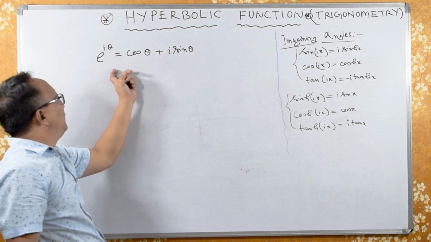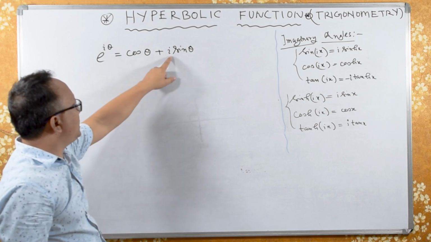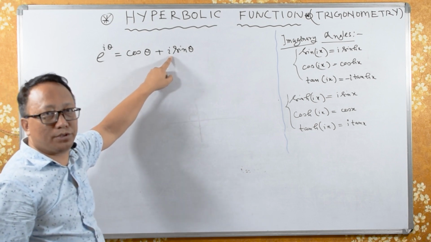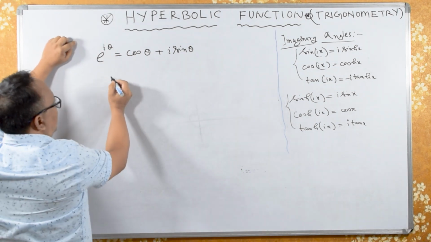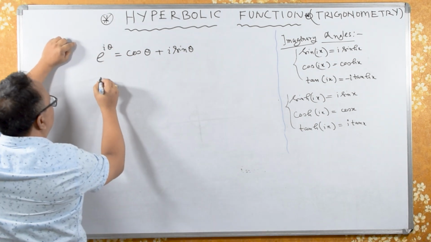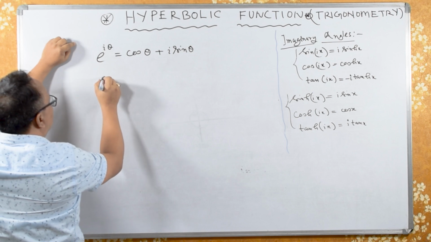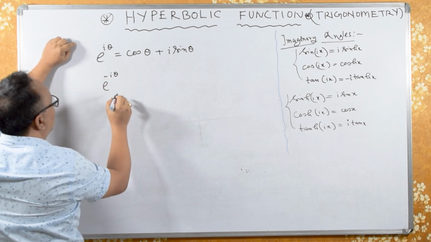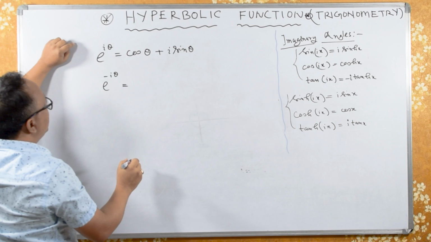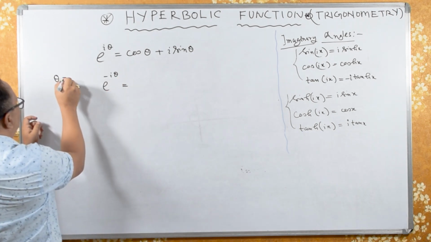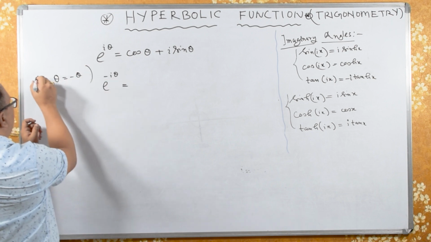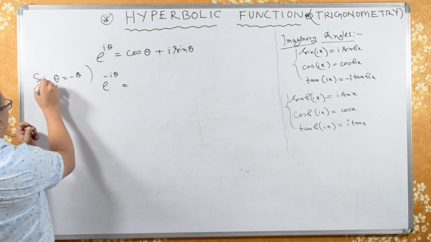Here i is the imaginary part, for all thetas. Now what is e raised to minus i theta? Instead of theta you put minus theta, you substitute.